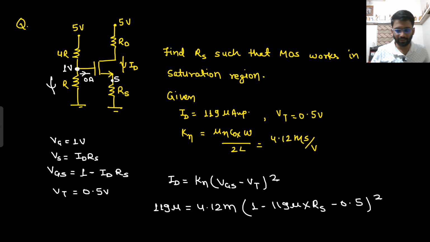Now I will directly solve it in the GATE calculator, or in your main calculator also you can solve. But how will you solve it in the GATE calculator? You will convert this into milli, because milli and milli will get cancelled.